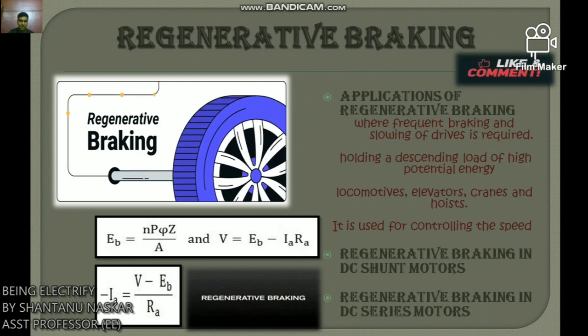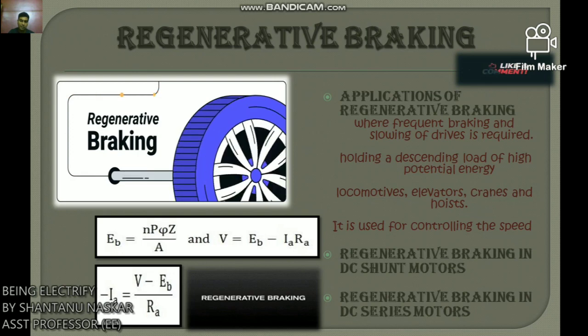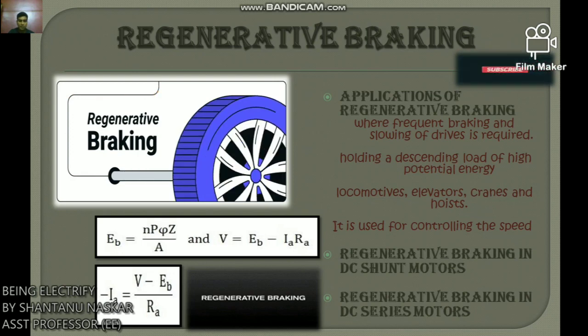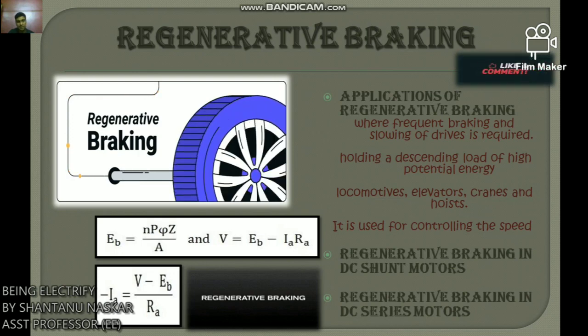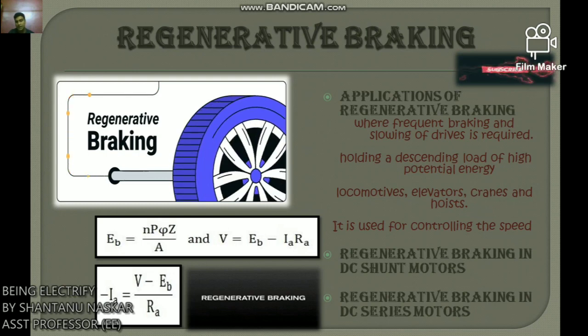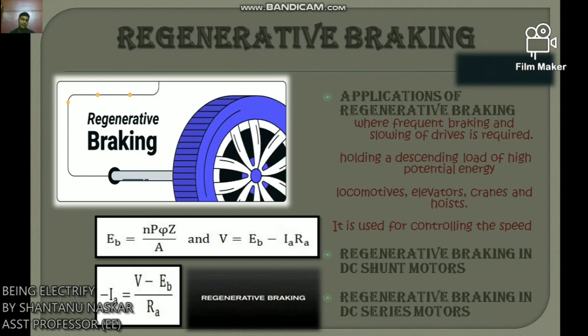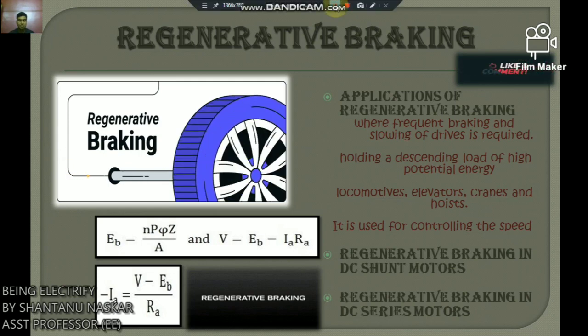Regenerative braking can also be performed at a very low speed if the motor is connected as a separately excited generator. The excitation of the motor is increased as the speed is reduced, so that the two equations shown below are satisfied.